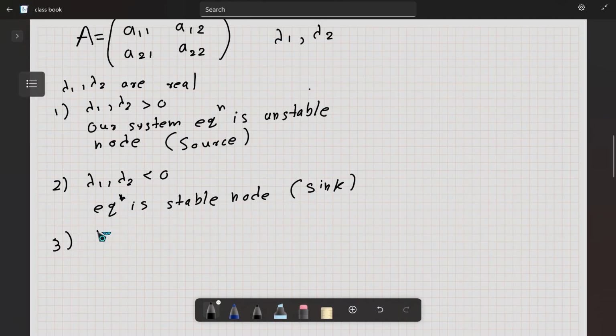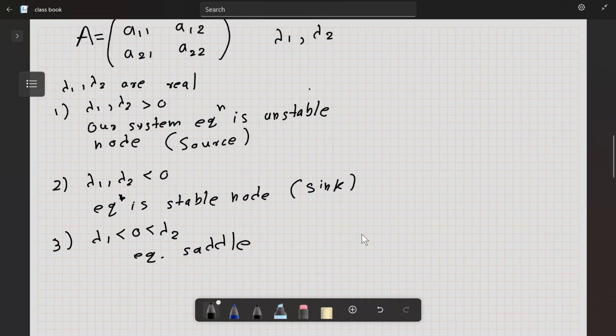If one is negative and one is positive, in this case we call our equilibrium point a saddle. So these are the possibilities when the eigenvalues are real numbers.